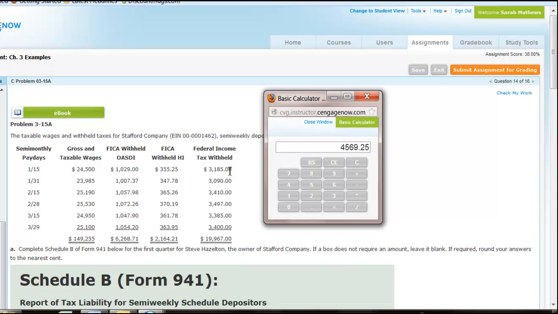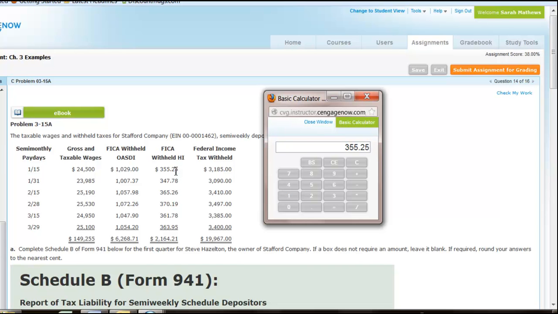So now I'm going to take our 24,500 times our 0.062, and I get 1,519. So I'm going to write that down, and then I'm going to take the 24,500 times the 0.0145, and I get, same thing we did for the employee, 355.25.